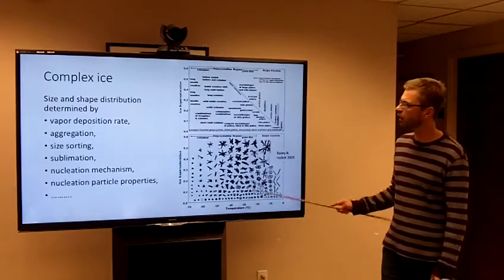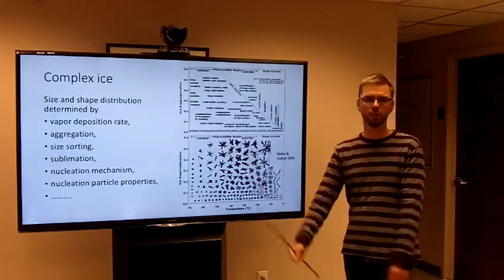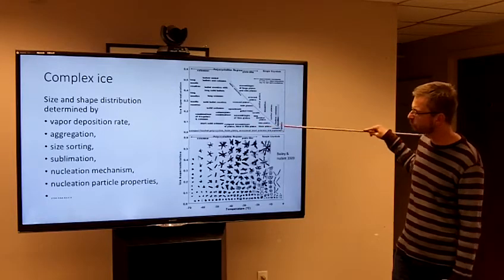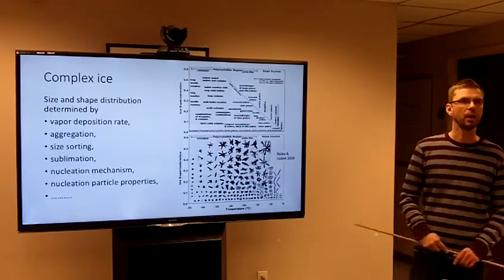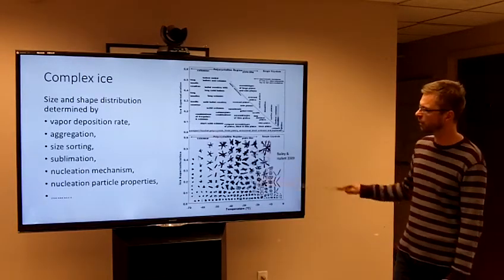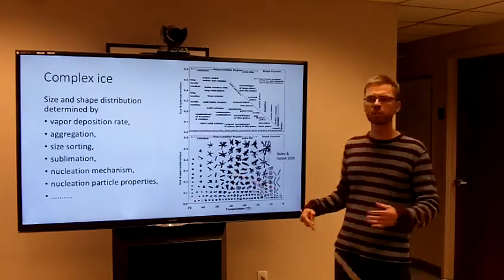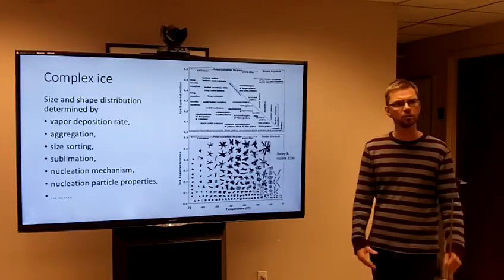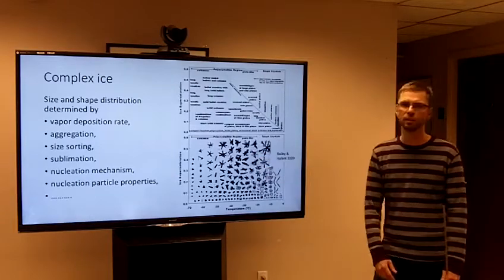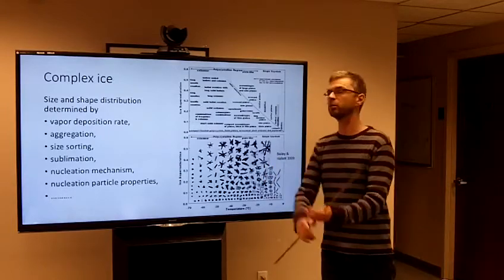There's a lot of work done in the lab, but also comparing that with in situ measurements, where it's mapped what kind of crystals you get at a certain temperature and a certain saturation. And this is an example of that. However, that is really vapor deposition, vapor condensing on the ice crystals, that makes these crystals in the shape at a particular temperature and supersaturation.